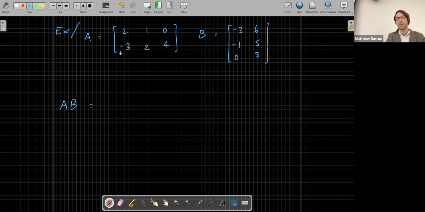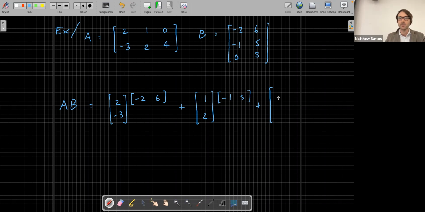So we'll take the first column of A, the first row of B, and take their outer product. So we will have 2, -3, outer product with -2, 6. Then we're going to take the second column of A, take the outer product with the second row of B. So that's going to be 1, 2, outer product with -1, 5. And we're going to add that to 0, 4, outer product with 0, 3.